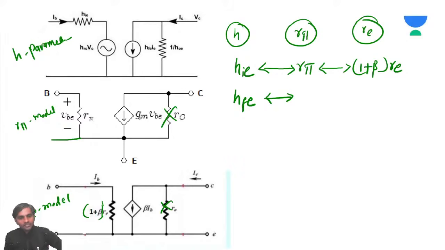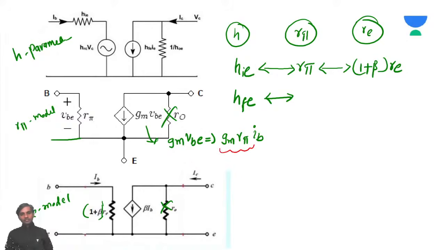GM is the same. Can I write this as VB by RPi? VB is RPi into IB, for the RPi model. Can I write this as GM into VBE, that is GM into RPi? That is what VB I am writing. What is the VB value? VB is equal to RPi into IB, or not? So if you look at this, this is the same as HFE into IB.